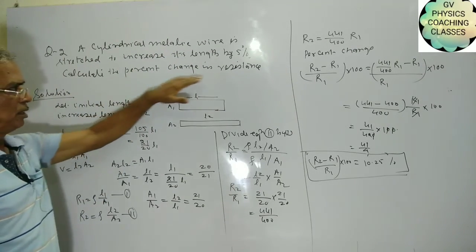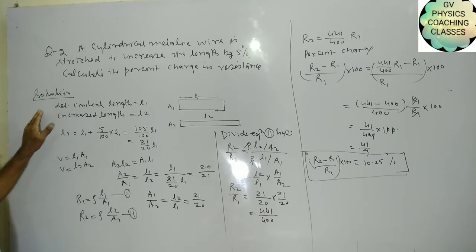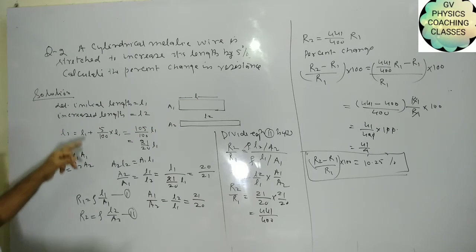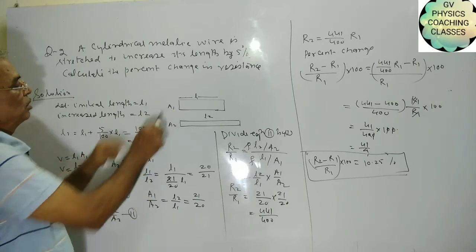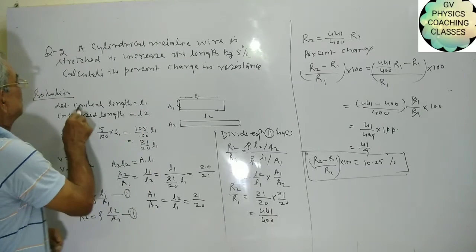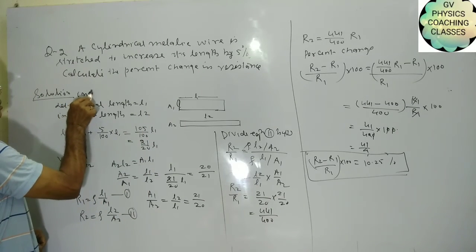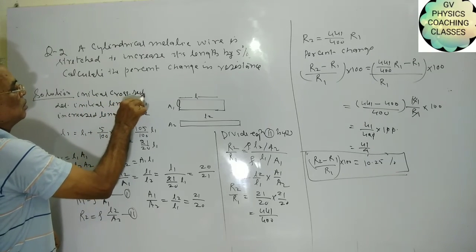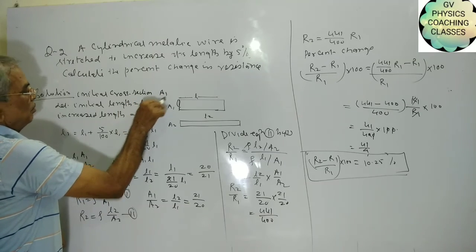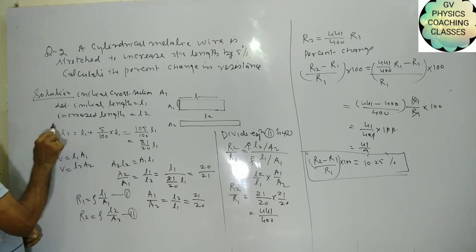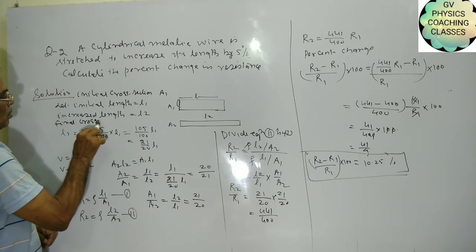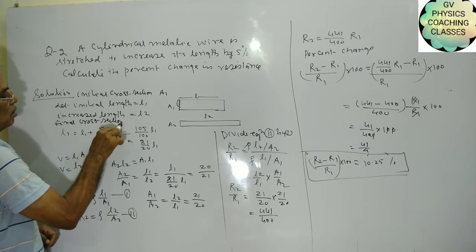Once again, the question is: a cylindrical metal wire is stretched to increase its length by 5%. Calculate the percent change in resistance. We consider initial length is L1 and initial cross section is A1, and final cross section A2.